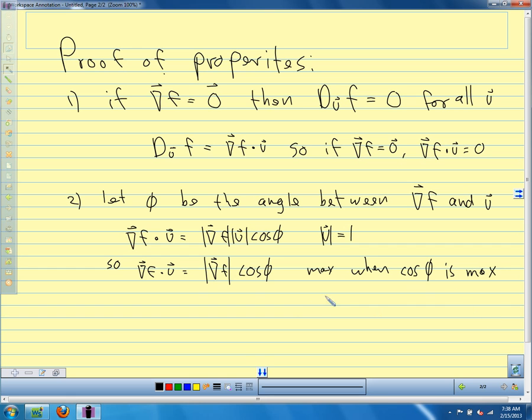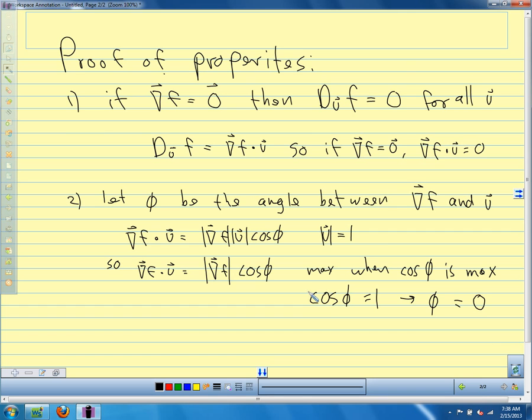So cosine phi has to be what? What's the maximum of the cosine? 1. So phi has to be 0. So this is going to be maximum when we're traveling in the direction of the gradient.